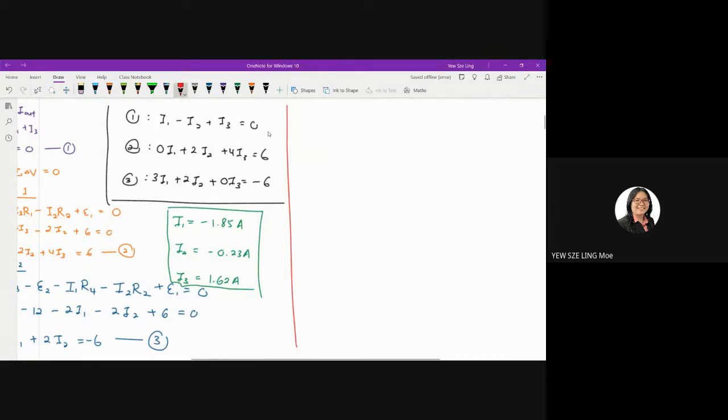So question number 2. It implies that the direction of the actual current flow in the circuit is opposite to the chosen direction when applying Kirchhoff rules.